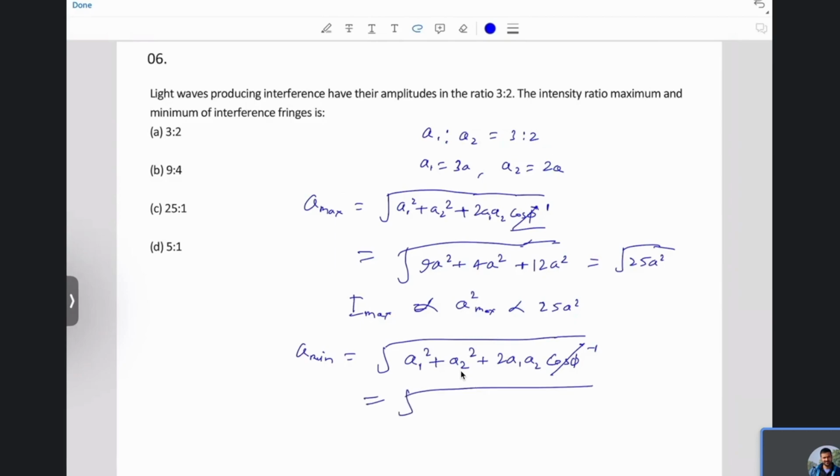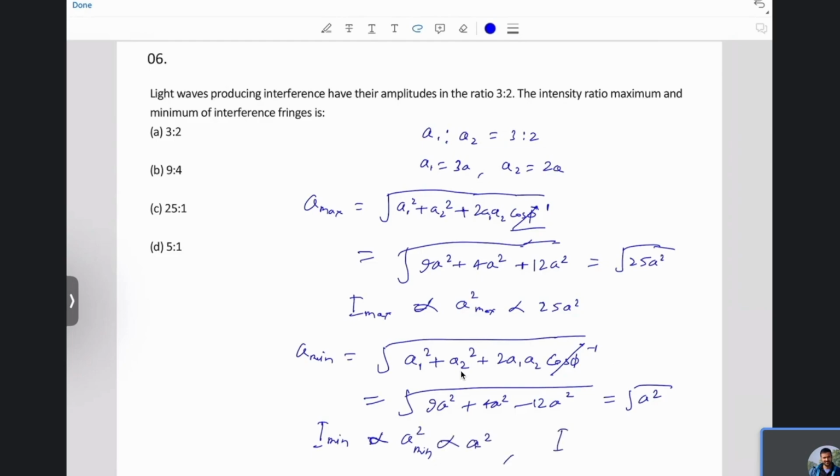In that case, we will have 9A square plus 4A square minus 12A square, which will be just A square, and hence I minimum will be A square.